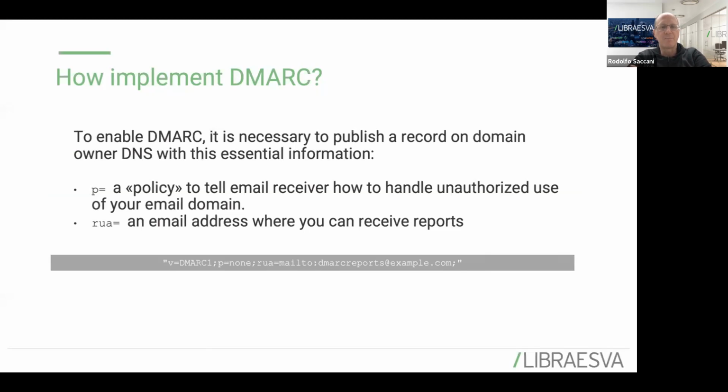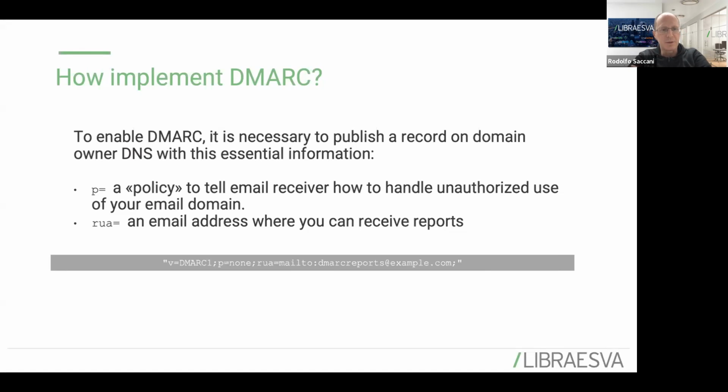It's one of the 3 policies that I can publish. We will see the other ones later. In this case, none means that the recipient does not enforce anything if there is a failure of the alignment. It's a policy that is usually used for testing before enforcing DMARC. When I start using DMARC, I usually publish a none policy. So nothing changes on the recipient side.